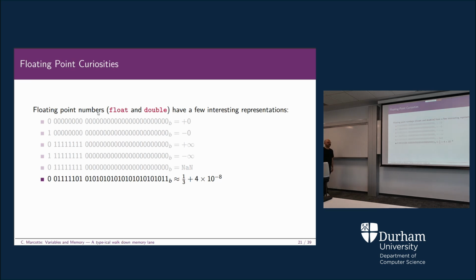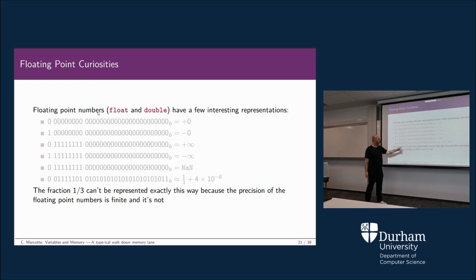So in your code, if you were using a floating point value and you knew it should evaluate to a third, and you wrote some line that said, if that value is equal to 1/3, it would always evaluate to false, because 1/3 is not representable in floating point numbers. This is in part because of the precision, in part because of the finite nature of things. You can't hit 1/3, but you can get pretty close.